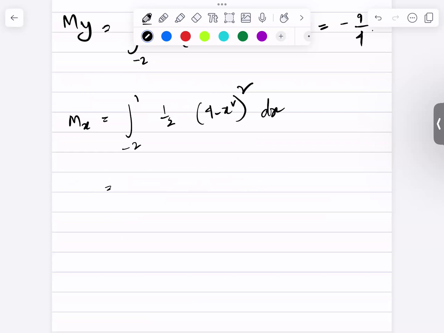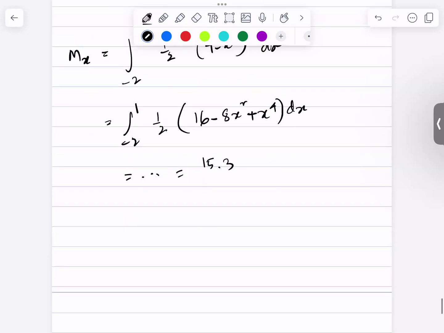And this is also not difficult. You have to use the a minus b squared formula, but maybe I'll just write one more line in there. It will be the integral from -2 to 1 of half times 16 minus 8x squared plus x to the 4 dx. And then if you calculate this, it will be 15.3, I guess.